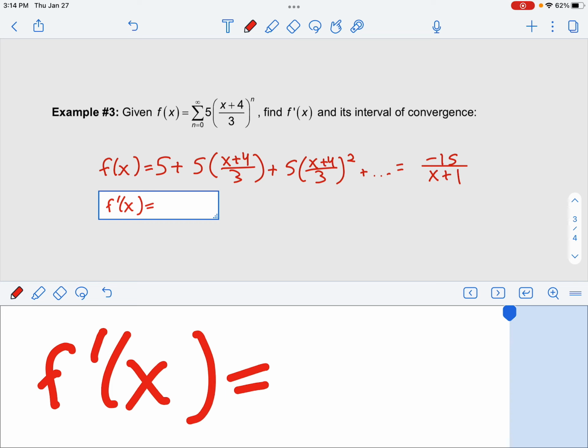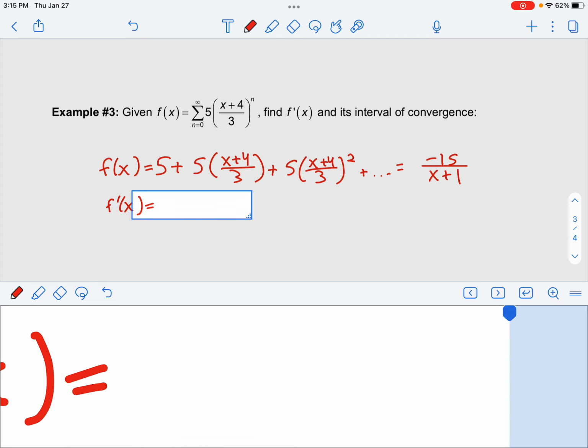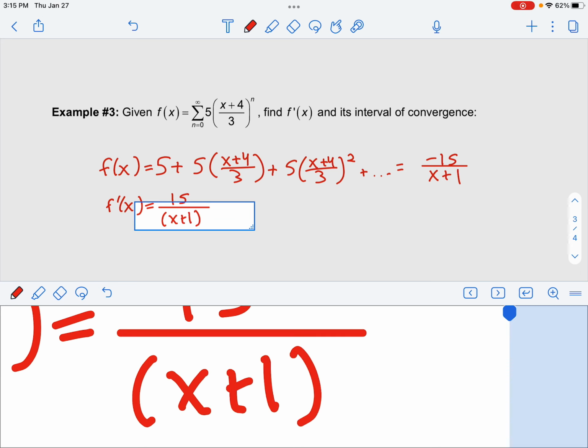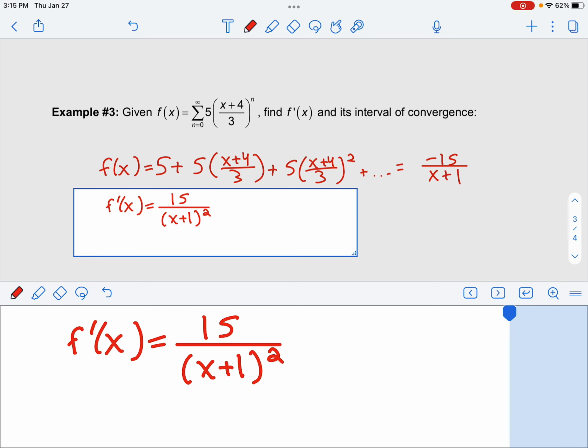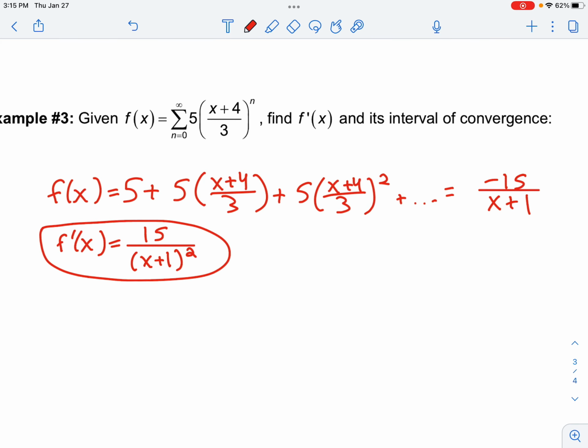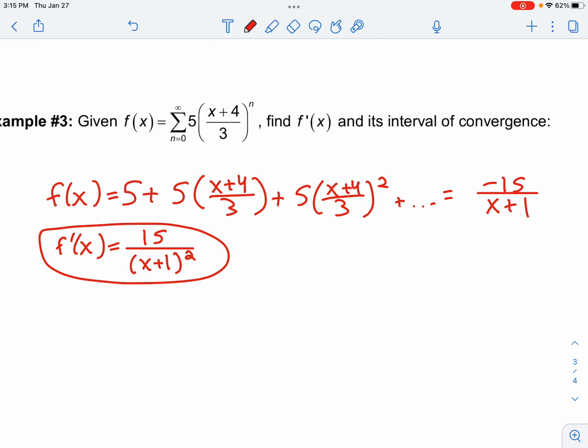F prime of x is just going to be, well, let's do this little chain rule action here. x plus 1, its derivative is just 1, so this works out nicely. I'll get 15 over quantity x plus 1 squared. And that's my answer. We already did the legwork in group problem 1 for this example.